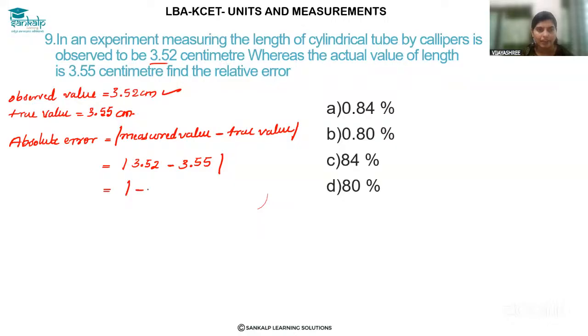Modulus of minus 0.03. Since modulus is there, we have to take just the numerical value. It is equal to 0.03 centimeter. So absolute error is 0.03 centimeter.